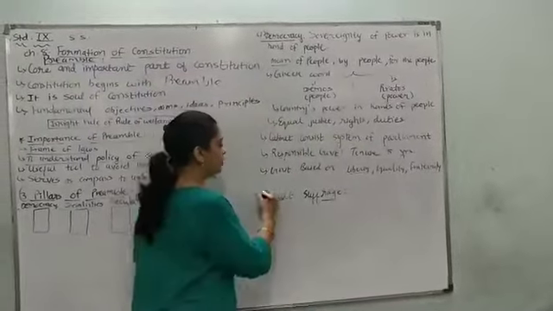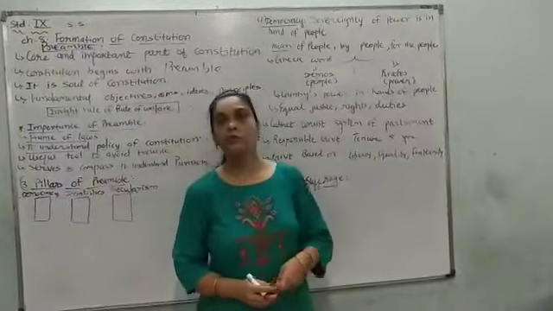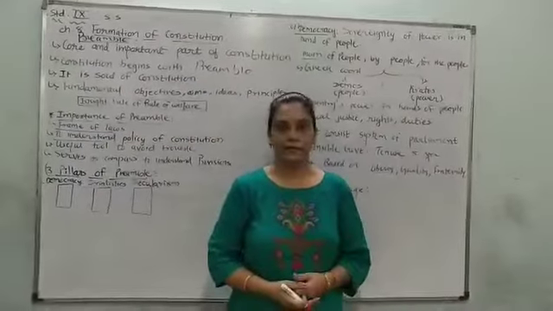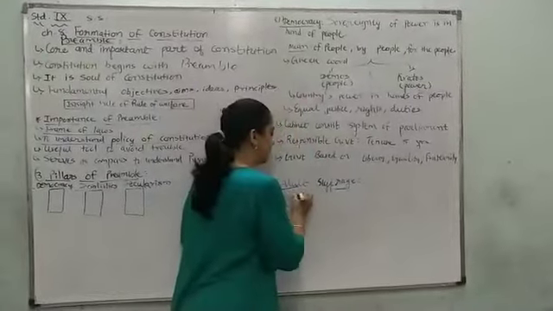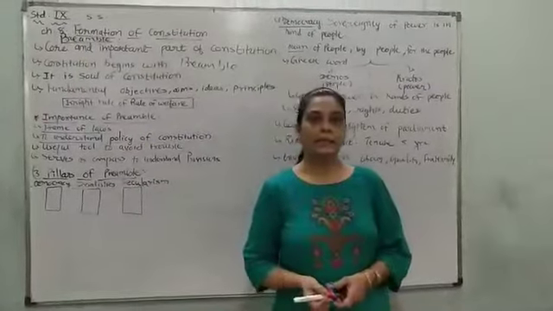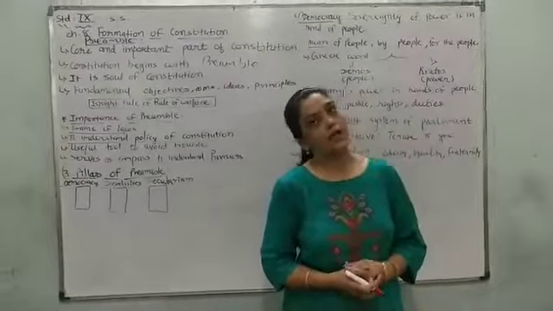Now students, the very important last topic is adult suffrage. You must have heard this word in your previous classes. What is adult suffrage? The word adult means a person who has completed the age of 18 years and above.